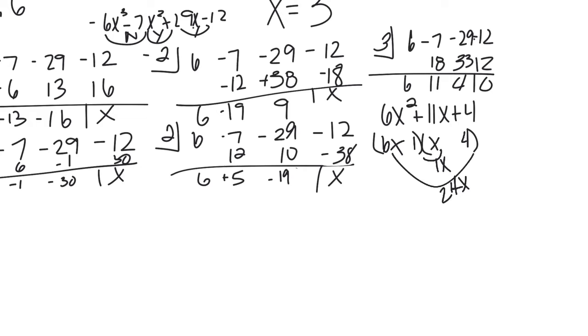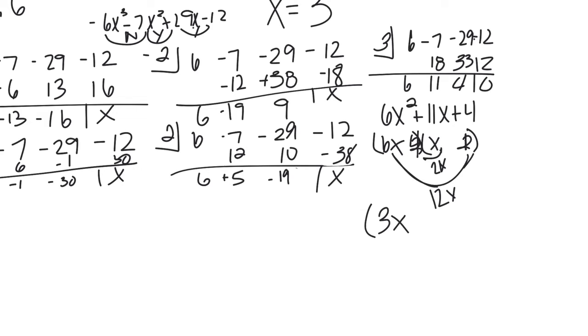That's not going to work. Let's try 2 and 2. That's 12x and 2x. That's not going to give me 11. And if I put 4 and 1, that's going to give me 10. So the 6x doesn't work.